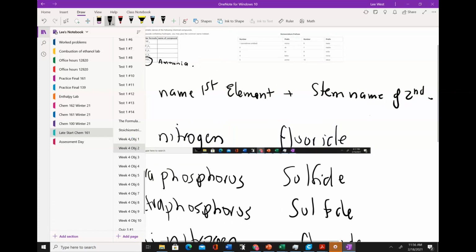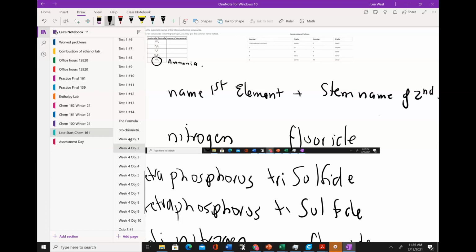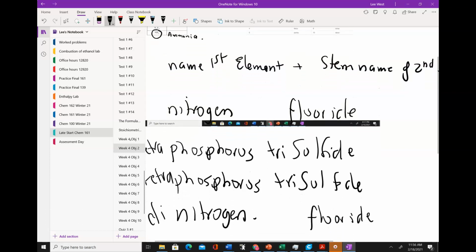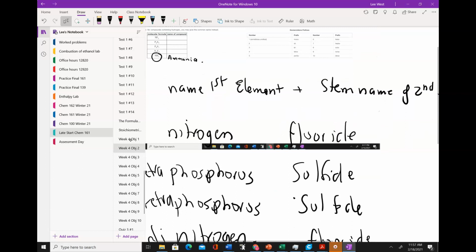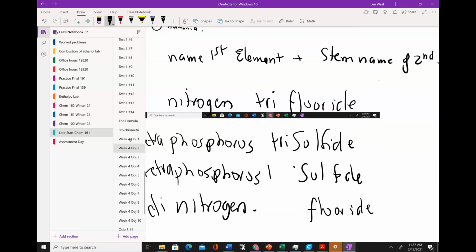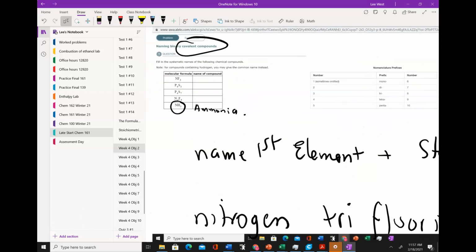So for the first one, it's tri. For the second one, it's also tri. For the third one, sorry, we got out, didn't we? Out by one. Hepta for 7. And then for the last one, it's tetra for 4.